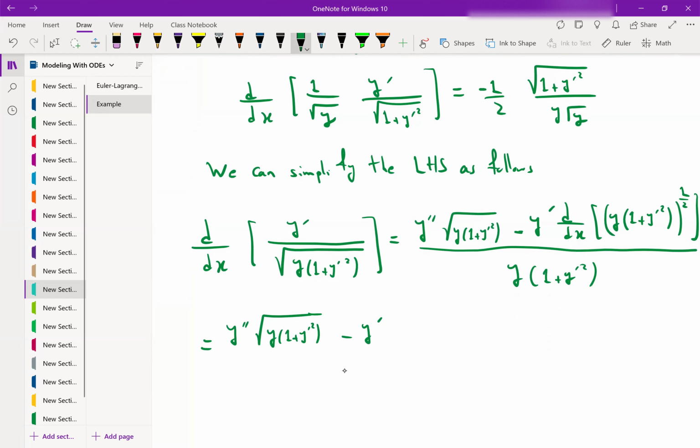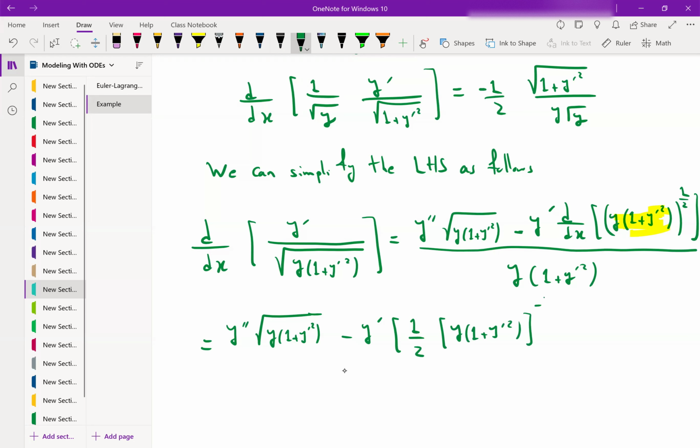And now I'm going to take the derivative of this quantity to the power of 1/2 with respect to x. So I'm going to use the power rule and the chain rule, all of them together. So y prime. The exponent comes here, and then I will subtract 1 from the exponent.